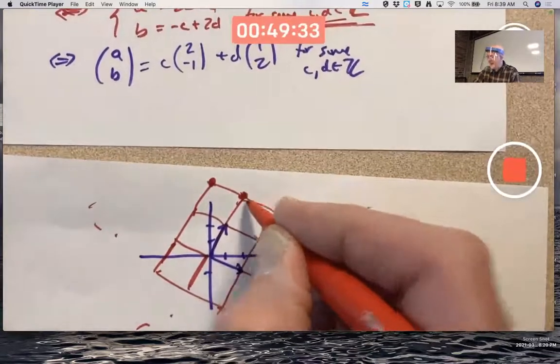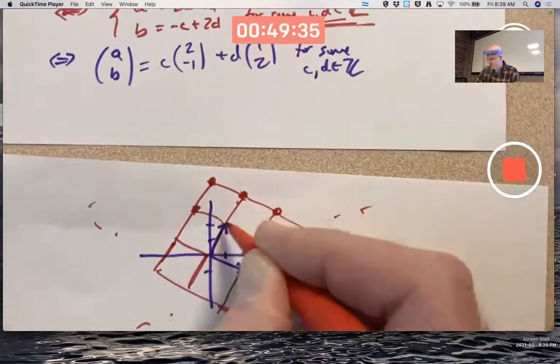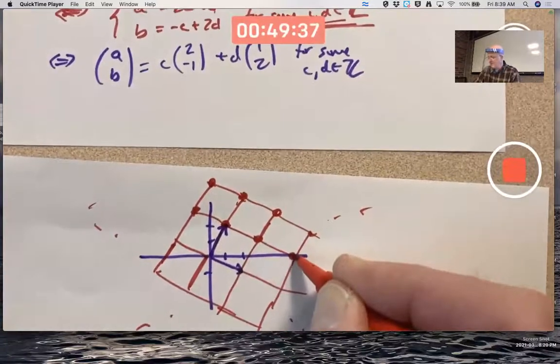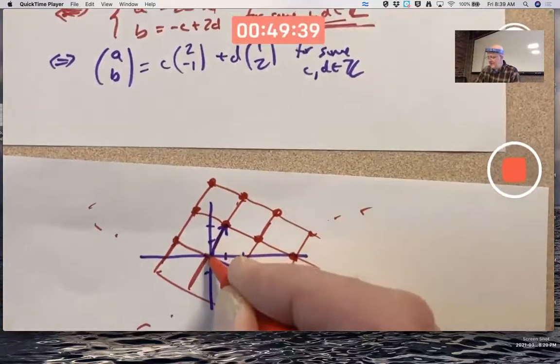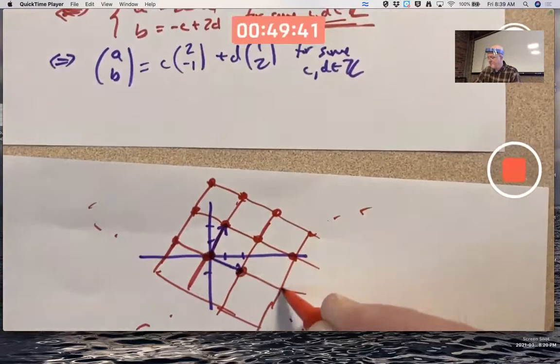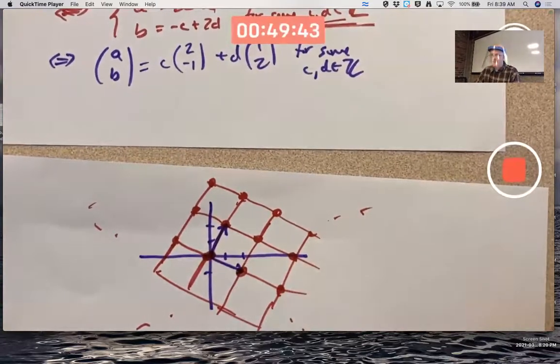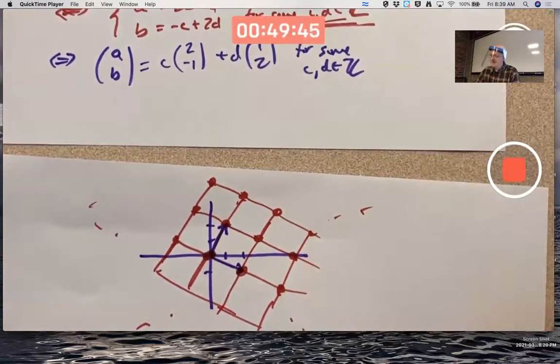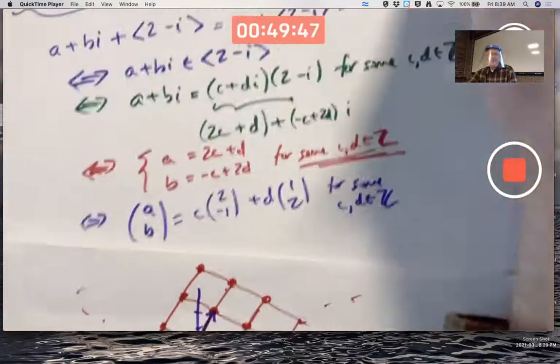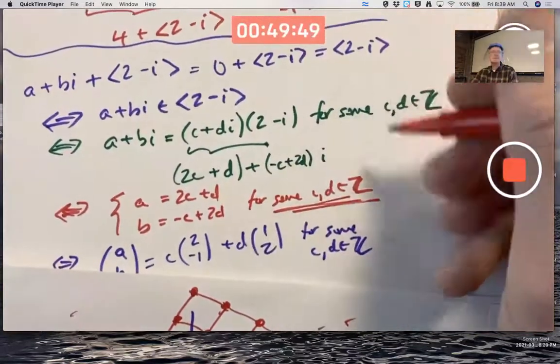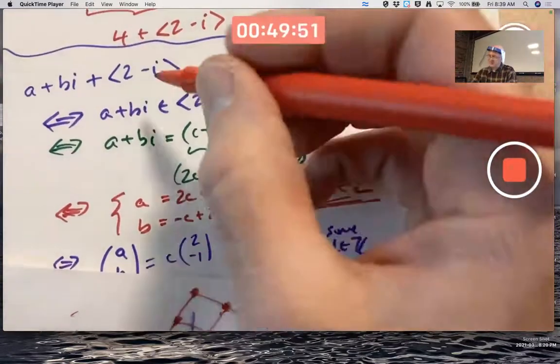These lattice points would be the elements a plus bi that satisfy all these things, where this is true ultimately.